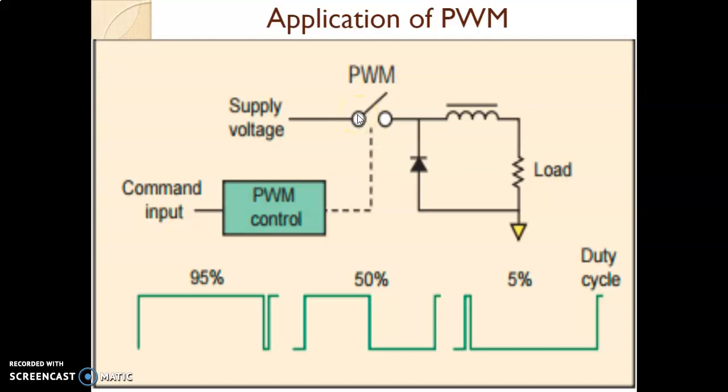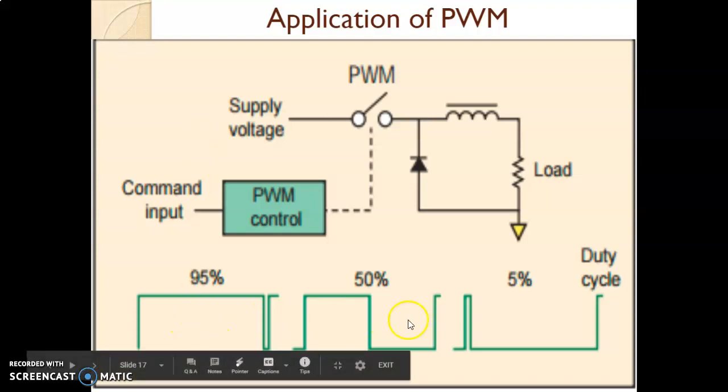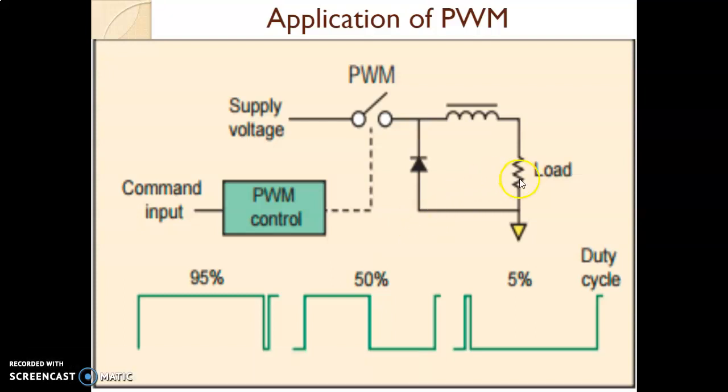The biggest application for the PWM signal is for the controlling of any devices such as motor, such as solenoid valves in the industry, such as any load in which the PWM signal is applied, because the output of PWM signal is variable duty cycle signal, and because of that PWM signals are used to control the amount of power which is transferred to the load.